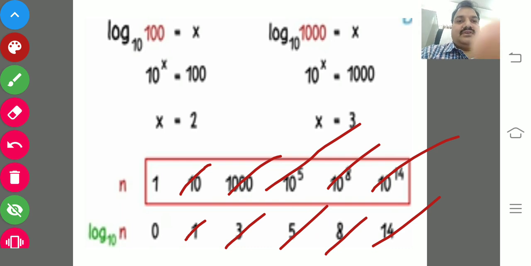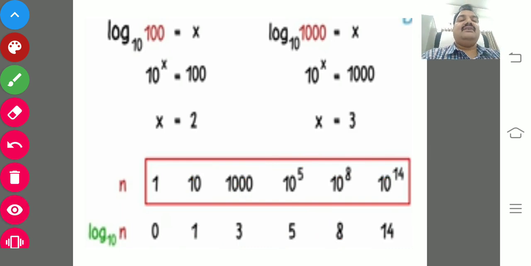So now we can easily place the numbers on the number line, because 0 to 14 is not at all a huge task for us. I hope you could understand the application of the logarithm, and I would like to give one more real life example.